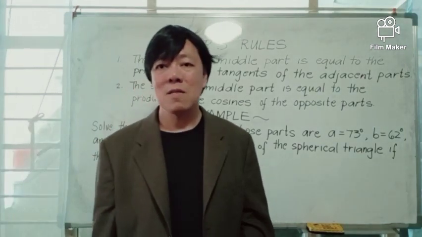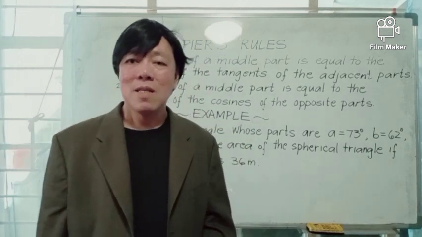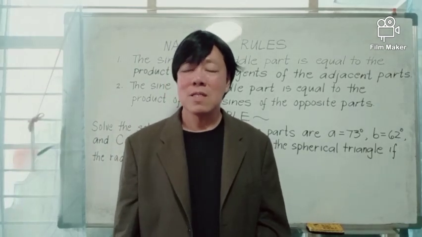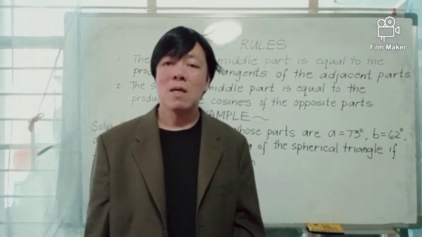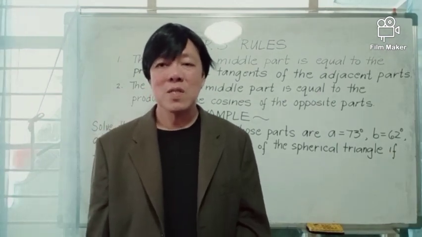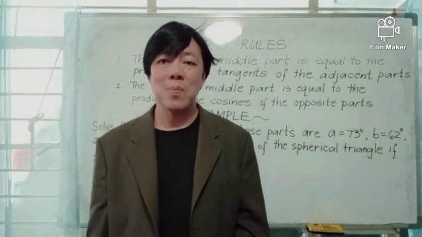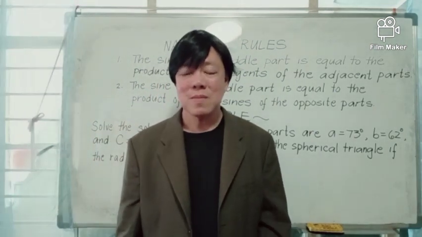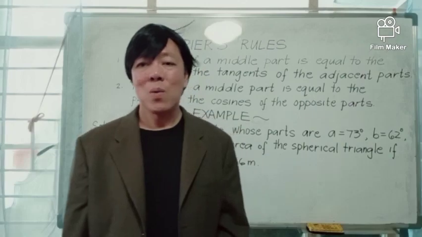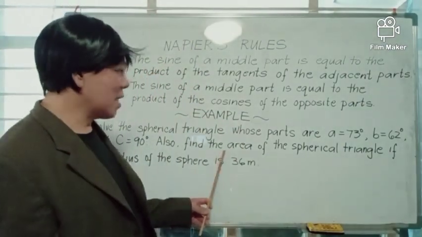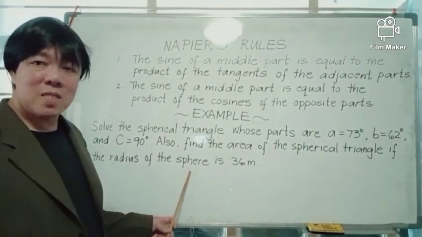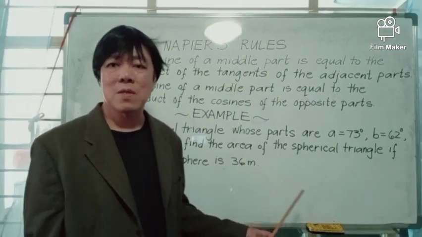From the first lesson in spherical triangles, we said that the sum of the three surface angles, capital A plus capital B plus capital C, is greater than 180 degrees but less than 540 degrees. If we subtract 180 from the sum of the three surface angles, we will get the spherical excess. And only then can we solve for the area of the spherical triangle on the surface of the sphere whose radius is 36 meters.